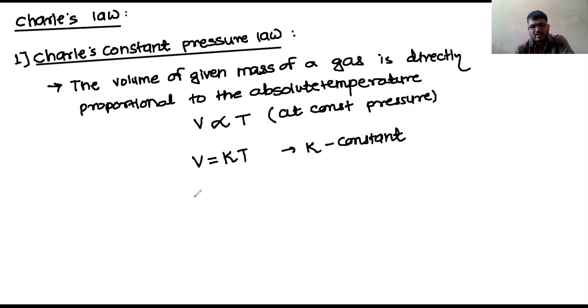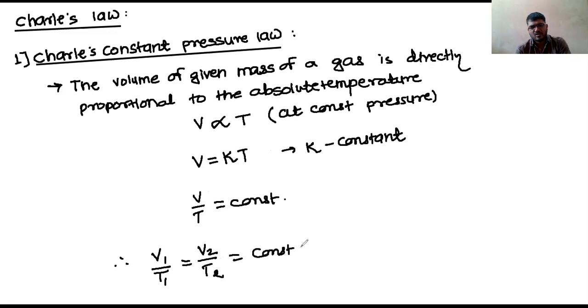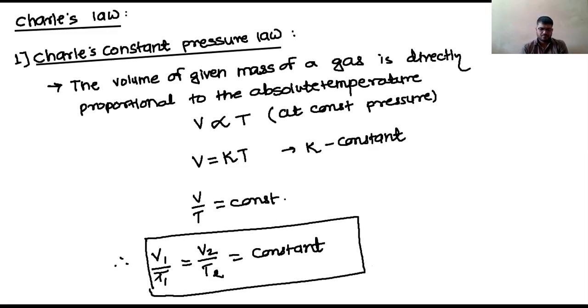Then can I say that V by T is always constant, and therefore V1 by T1 is equal to V2 by T2, always constant. This is Charles' law at constant pressure. Understand? It is very simple.